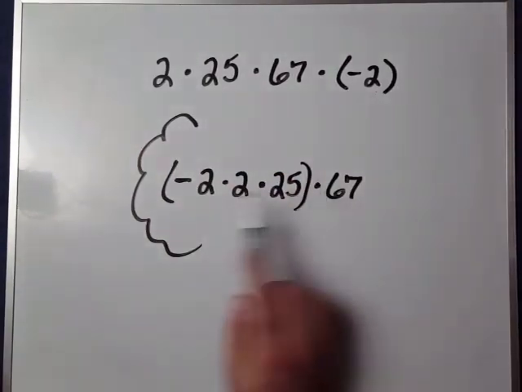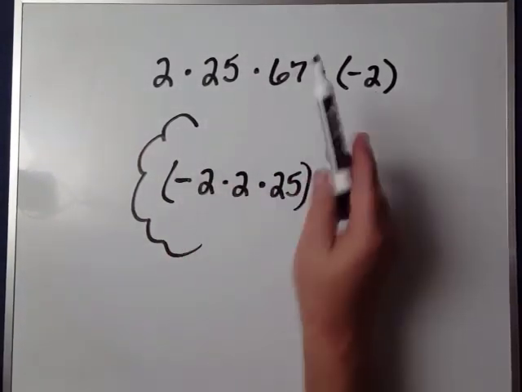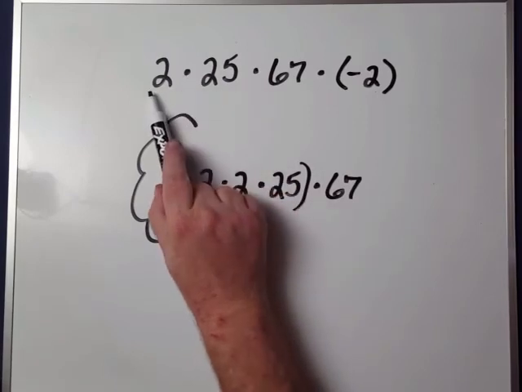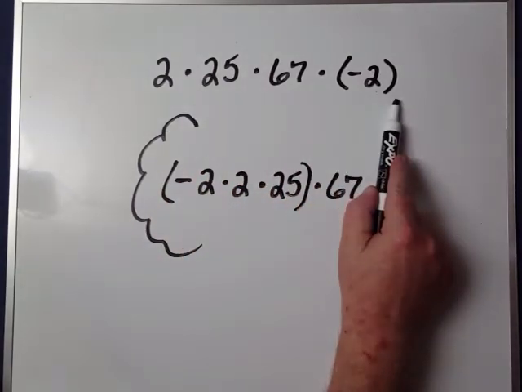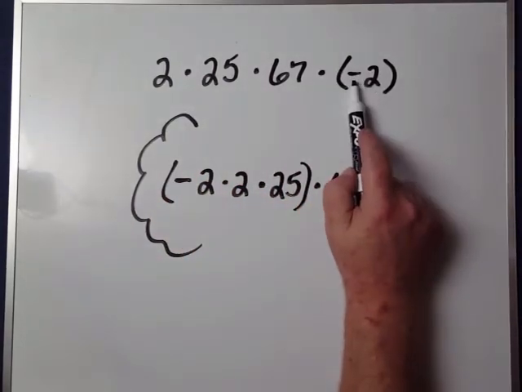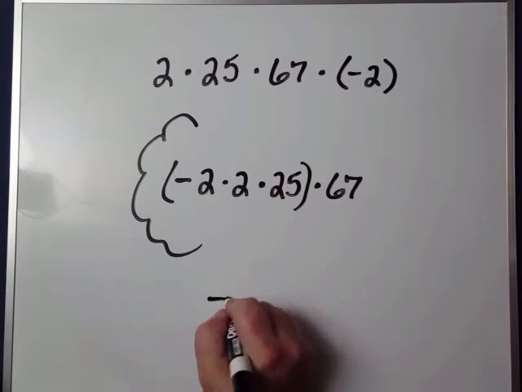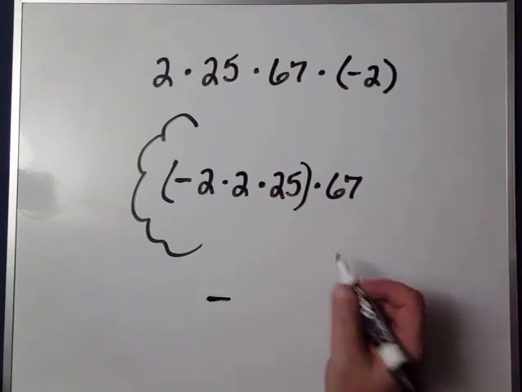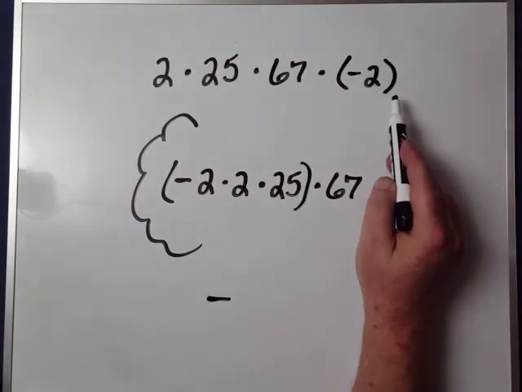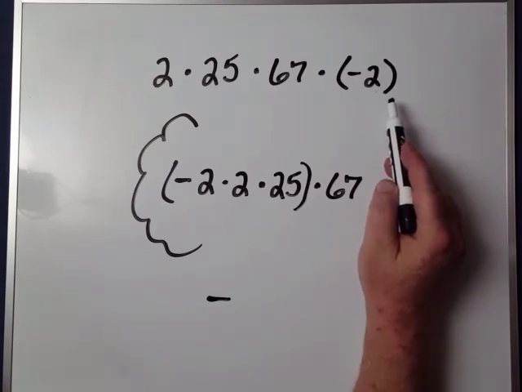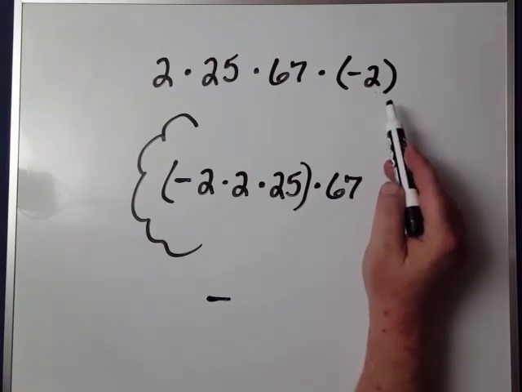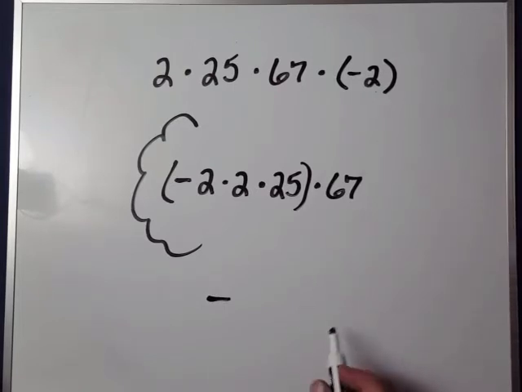Since we're doing this mentally and we would not be writing down this step, let's think about this. If I'm multiplying a series of factors and I have an odd number of negatives, my answer will turn out negative. If there happened to be an even number of negatives, every 2 negatives would make a positive, so my answer would turn out positive.